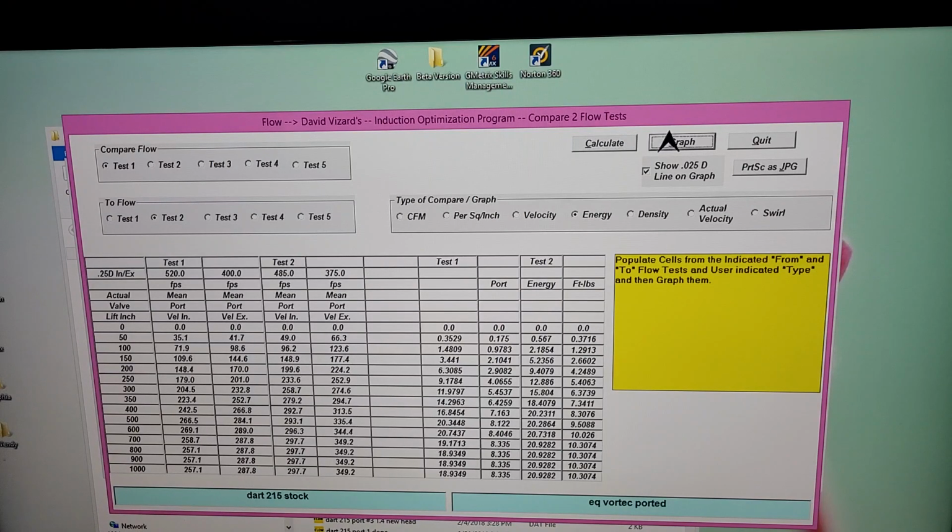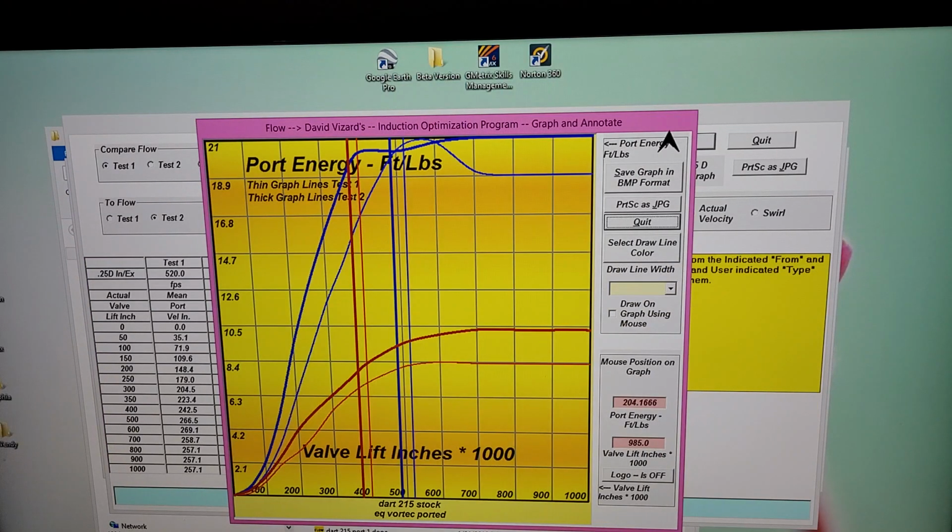Port energy. Now what is port energy? Port energy is the amount of energy the air column is going to contain. It's a combination of the mass and its velocity over the length of the port. We would like high port energy numbers because that's going to keep the direction of flow.